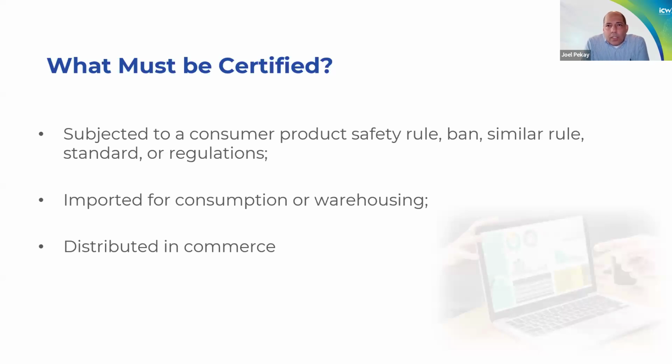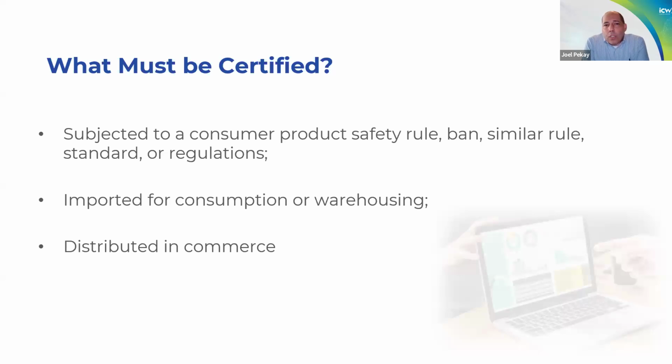Anything that is subject to a consumer product safety rule, standard, or regulation. So things that we are looking at today as it pertains to product safety, as we discuss CPSIA or flammability, anything that must follow an existing standard or regulation, or as we look at future regulations.